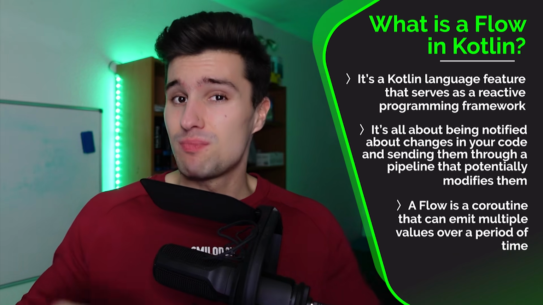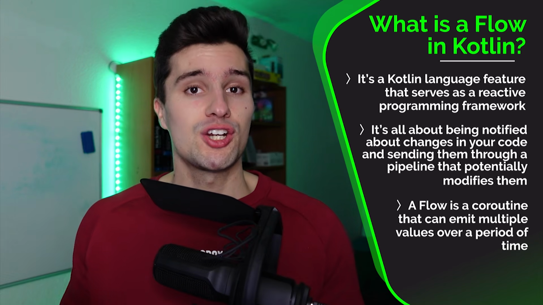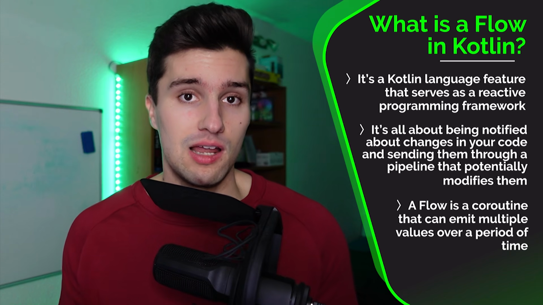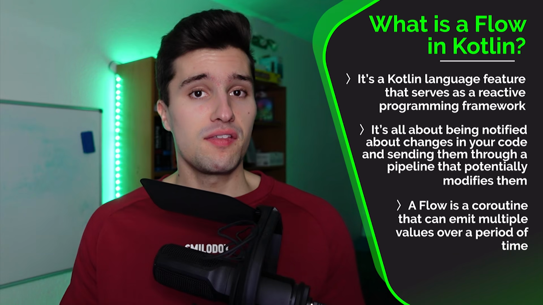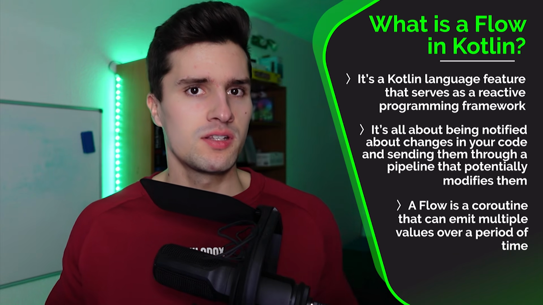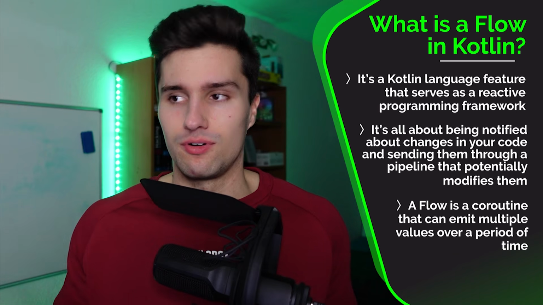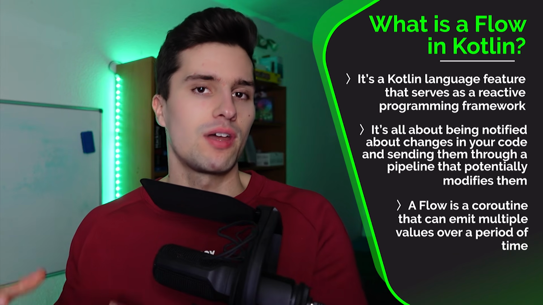So it's put on the assembly line, and as it moves forward, we do something with it. In the first step, we might want to give it a color. Then in the second step, we might want to package it. And then in the third step, we put it in a big box so it's ready to be shipped. And in Kotlin, it's nothing else. Kotlin Flows are just a framework to do exactly that with our code.